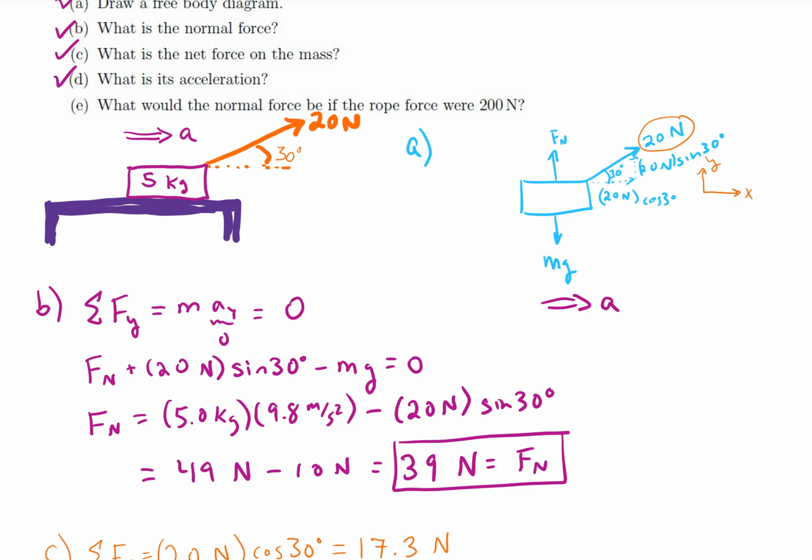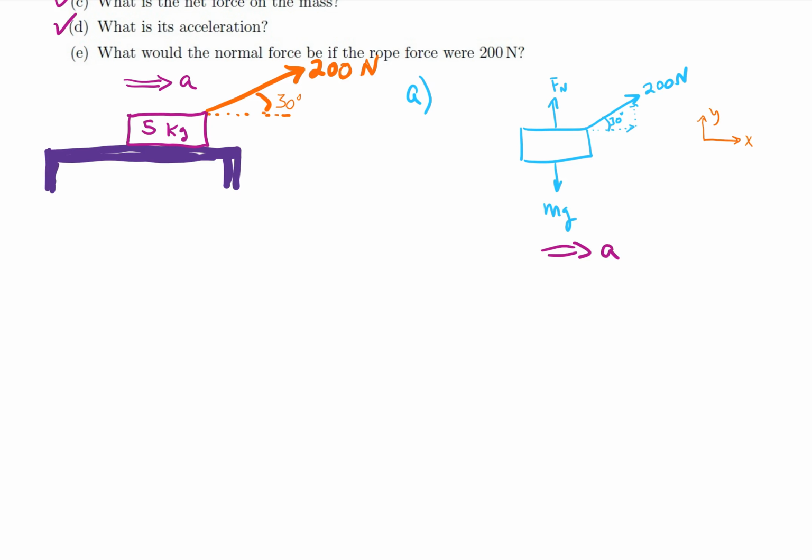Okay, so part E asks kind of a funny question. Going back and changing things around, what would change if the force on the rope, instead of being 20 newtons, became 200 newtons? So 200 newtons is kind of a lot. Let's redo the calculation of the normal force now when the force on the rope is 200 newtons.